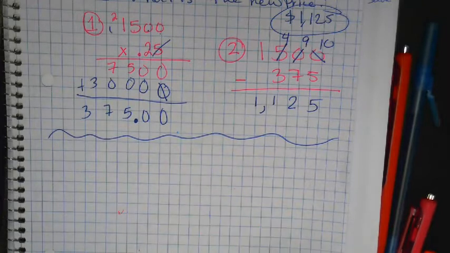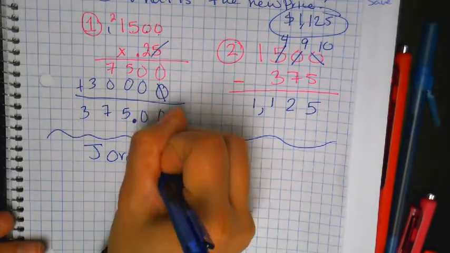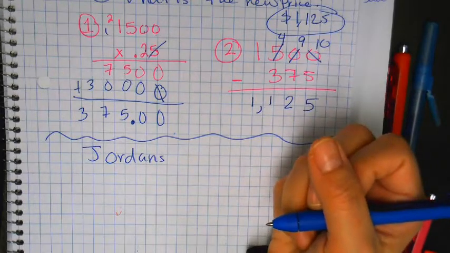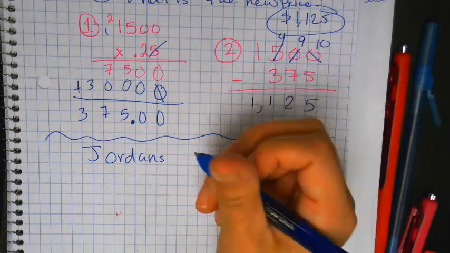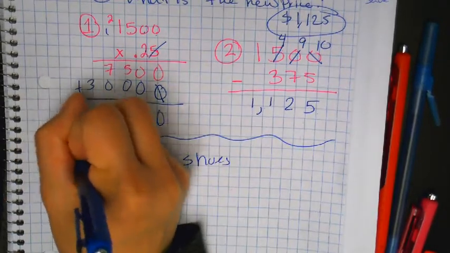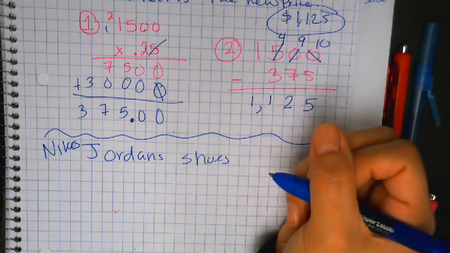All right. So what are we gonna buy? Oh, Jordans. Jordans are these really famous shoes. Okay, Jordan shoes, Nikes. The Nike Subways. Huh? The Nike Subways.